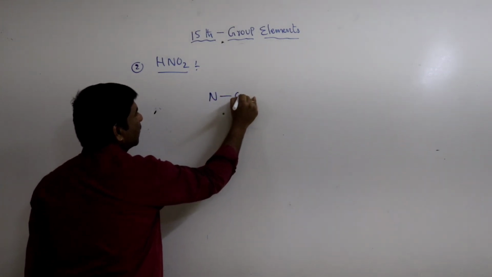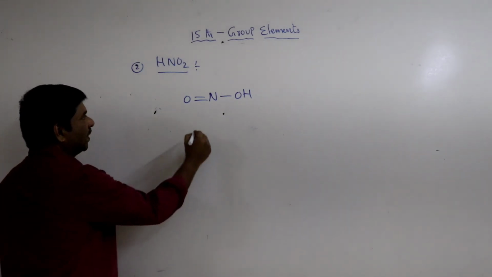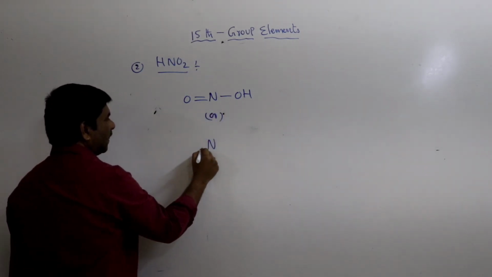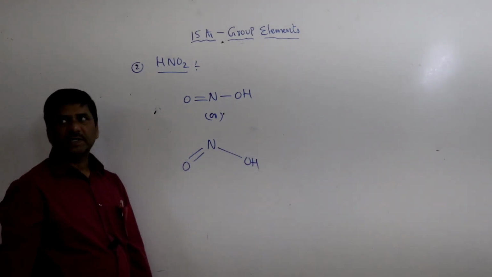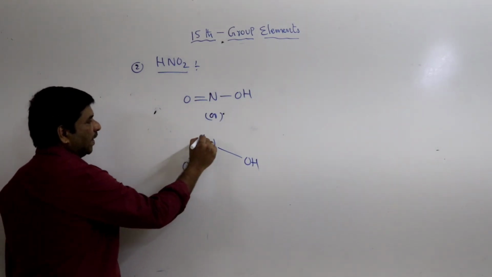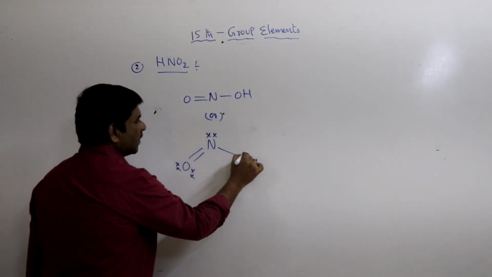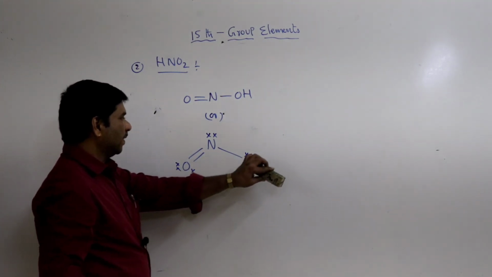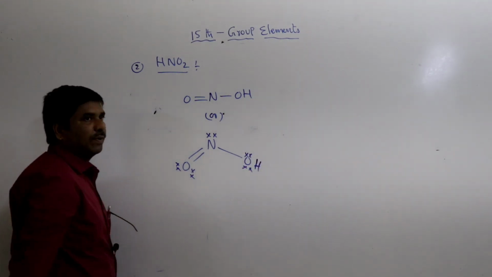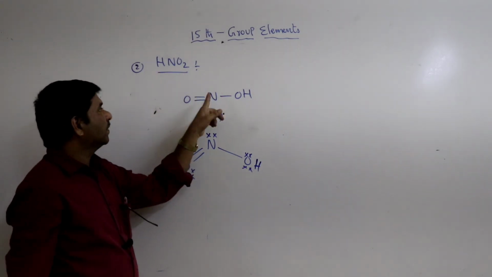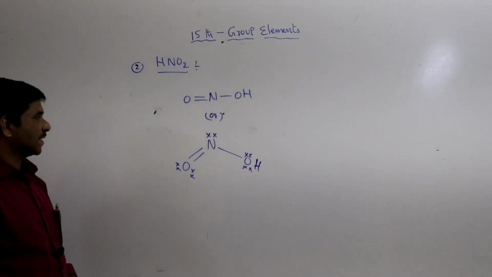Its possible structure is N(OH)=O, or it is also written as N double bond O-OH. When we observe this nitrogen, it has 1 lone pair. The oxygens have 2 lone pairs, and in this oxygen also 2 lone pairs possible. OH means O bond H. So HNO2 is written like this.